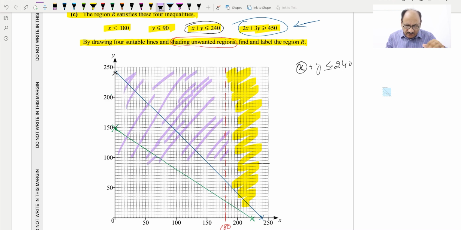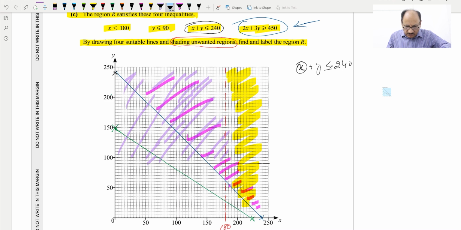So for the second equation, unwanted region is this one which we have shaded. Now for the next one, x plus y is less than equal to 240 is wanted, so greater than is unwanted. So I will shade this one also unwanted region. And then this one is greater than equal to is wanted, so less than is unwanted.